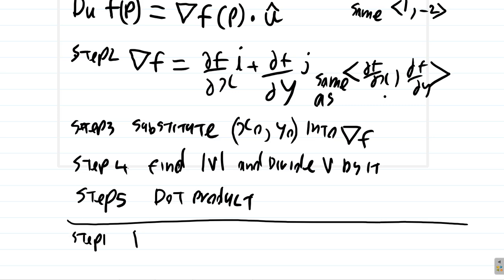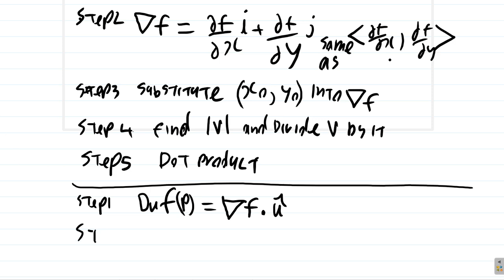So you write down that the directional derivative in the direction of the unit vector u of the function f at the point P is equal to the gradient vector dot the unit vector. You see that?